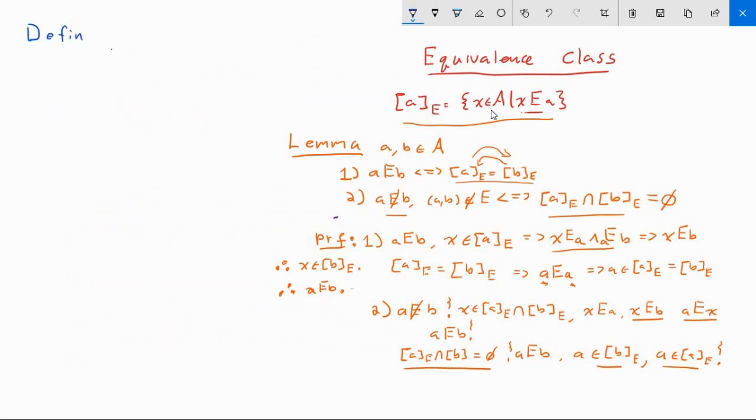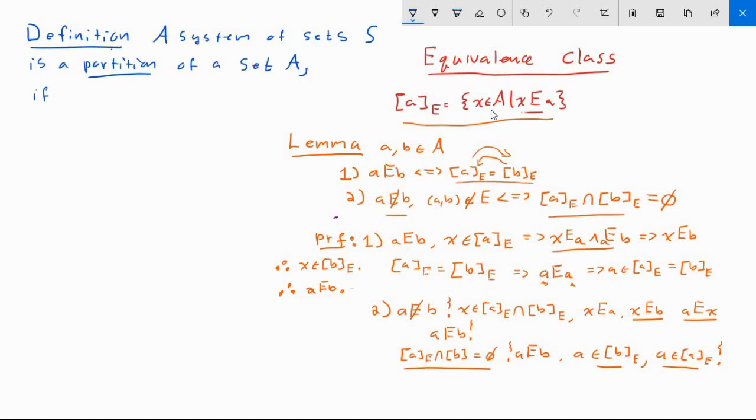Now we come to the second main concept of this video, and that is the definition of a partition. So we say that a system of sets S is a partition of a set A if two things hold.